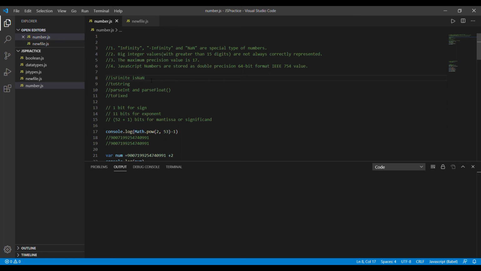But if you pass any boolean value to this function, that will also return true, because internally boolean values are converted to 0 and 1, and since 0 and 1 are finite numbers, that will give you true. Similarly, isNaN can be used. They are pretty straightforward. You can check these functions for different scenarios.